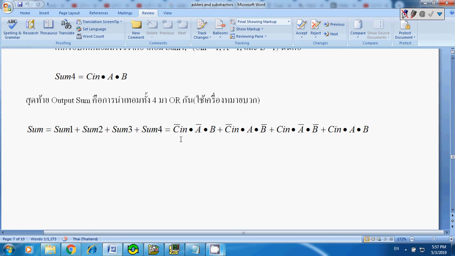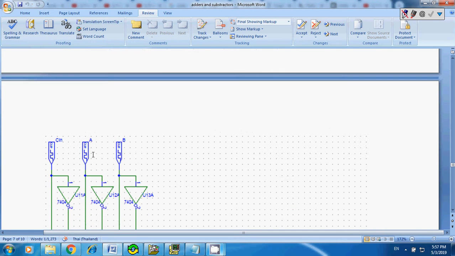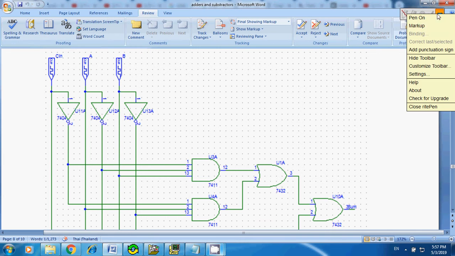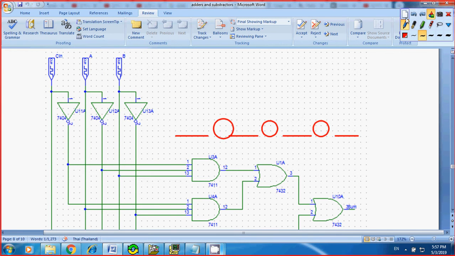Okay, so you can see this expression for your output sum, and this is my circuit. I have 3 inputs, C in, A and B, and I also have input digital logic to be 1 and this one to be 0.